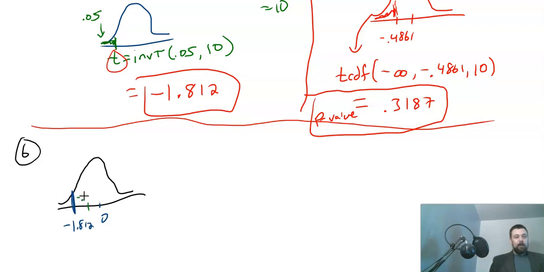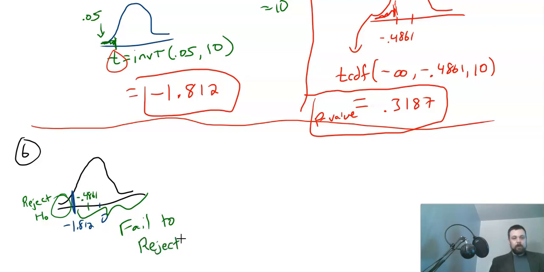It was negative 0.4861. So if it had crossed this line further into the left tail, that's when we would have rejected the null hypothesis. But it didn't. It stayed over here. So we will fail to reject the null hypothesis this time. So this is the proper initial conclusion.